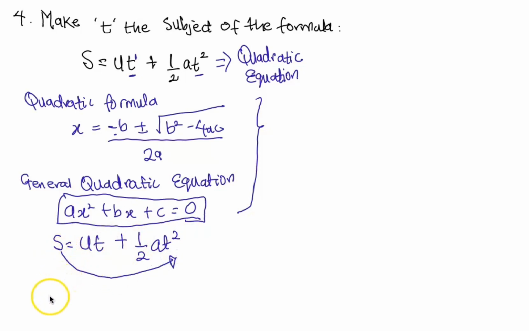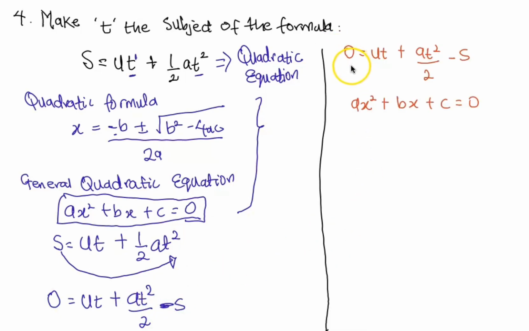And when I take S, nothing will be left there. So this is 0. So here we have UT, then we have plus, now 1 times AT squared gives us AT squared over 2, minus S. So this is a minus S. So bringing that up here, we have 0 is equal to UT plus AT squared over 2 minus S.